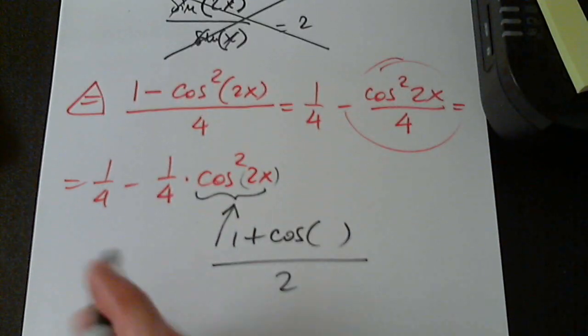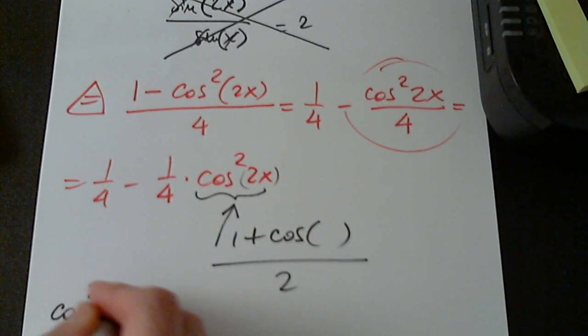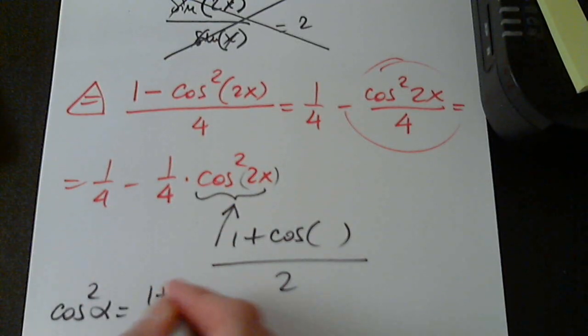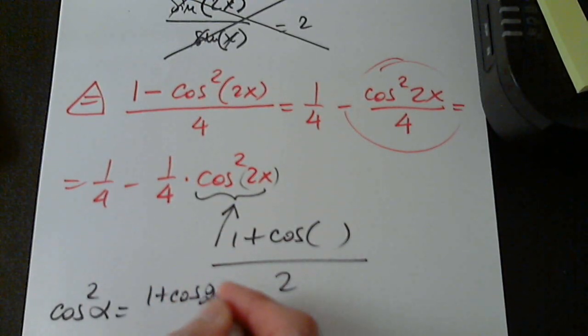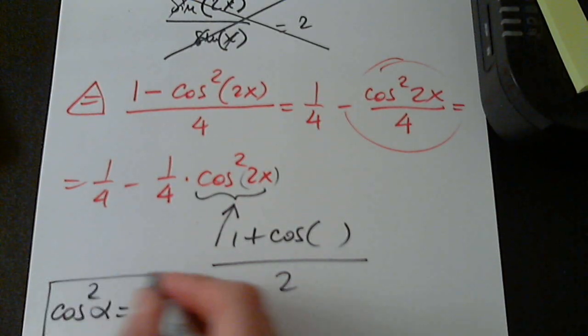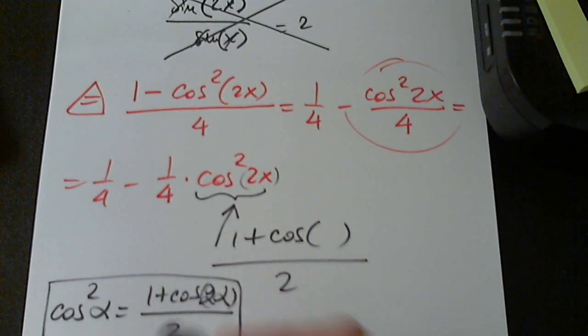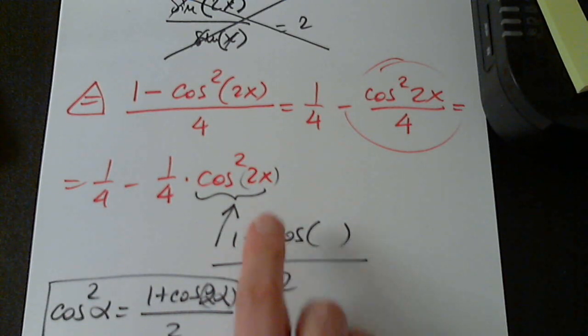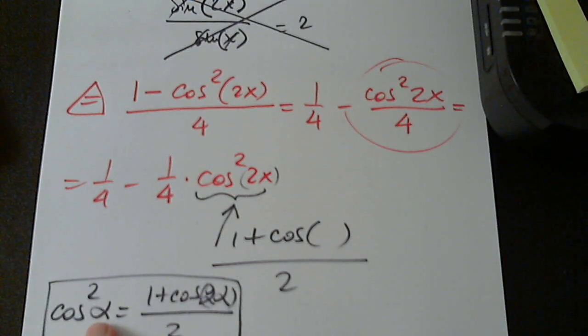So let me write the formula one more time. Cosine squared alpha equals 1 plus cosine twice alpha over 2. This is the formula we are using now. So when I have 2x here, what should I have here?